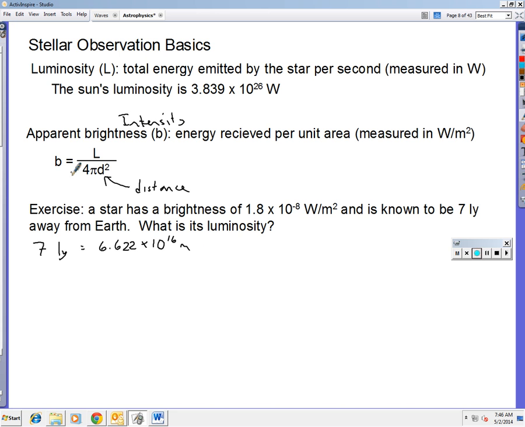So we rearrange this equation, solve for L, 4 pi d squared b, plug that number in for d, and b is this value here.